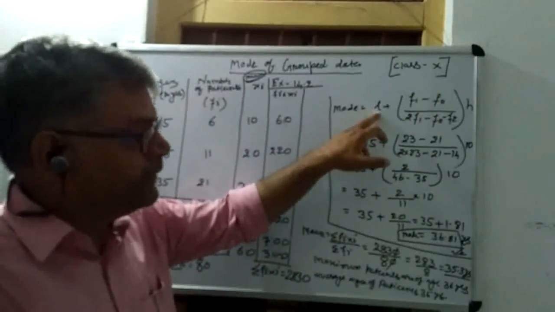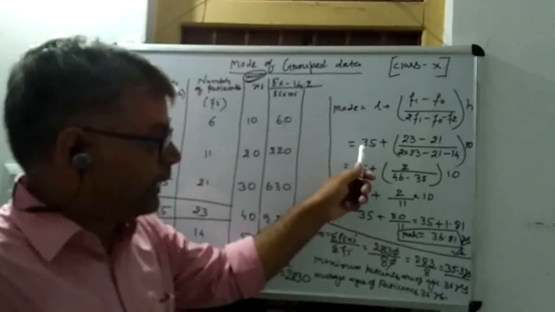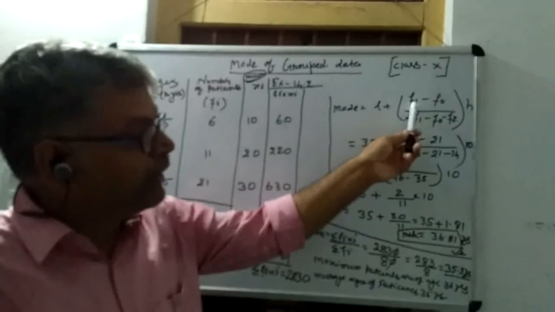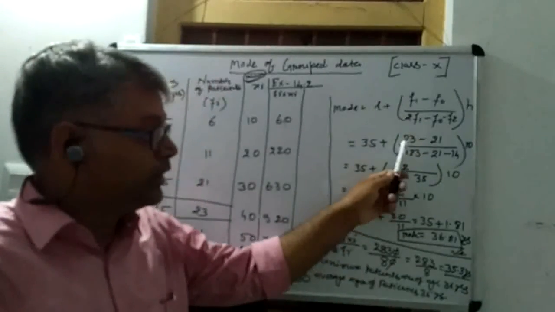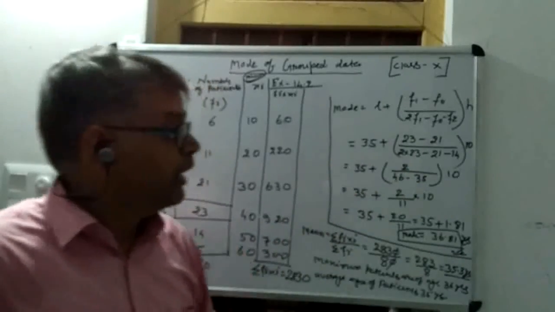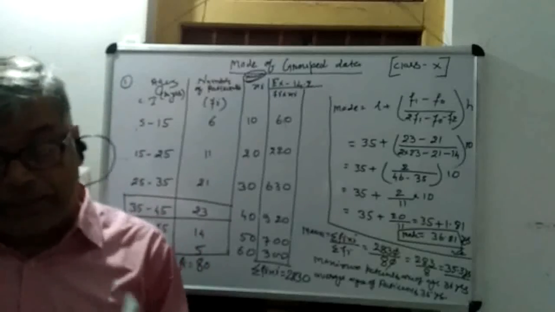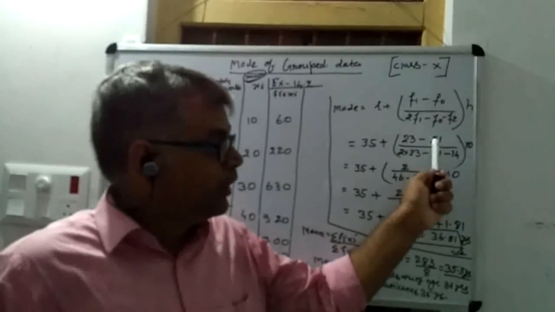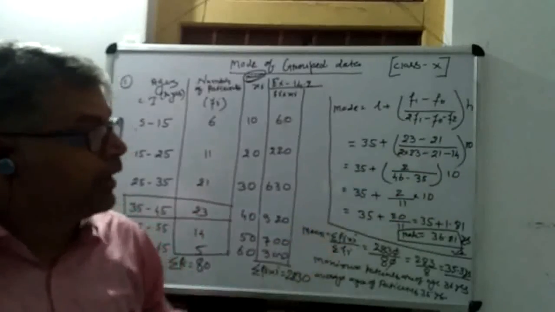Here L represents the lower limit of the modal class, which is 35 in this question. F1 represents the frequency of the modal class, which is 23 in this question. F0 represents the frequency of the class preceding the modal class, just above the modal class, that is 21.